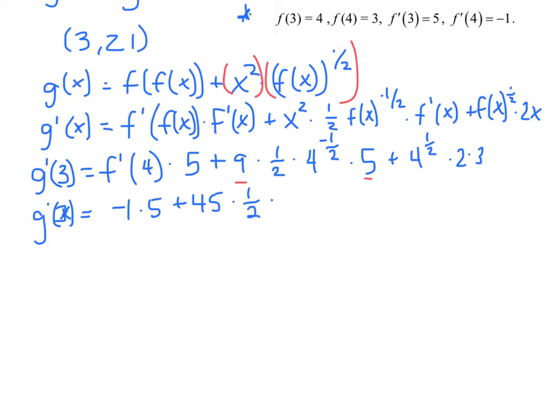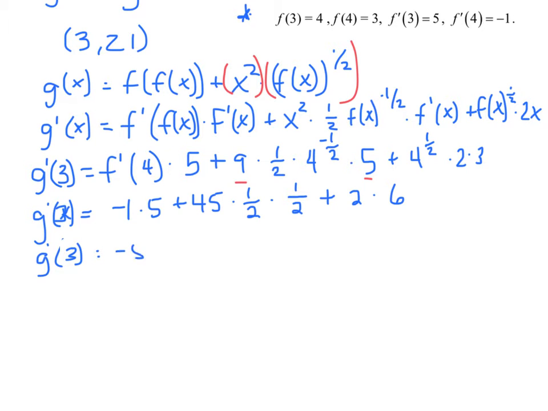Well, I know the negative's going to push it down, so it's 1 over, and 4 to the 1/2 is the same as square root of 4, so 1/2 again. All right, plus 4 to the 1/2 we just talked about is the square root of 4, so 2 times 6. Okay, keep working with it. It should be a 3.